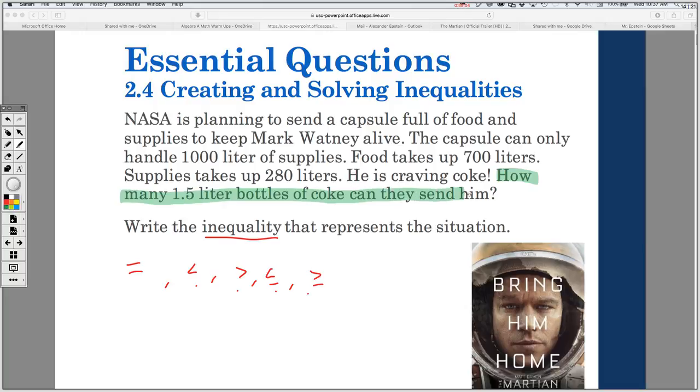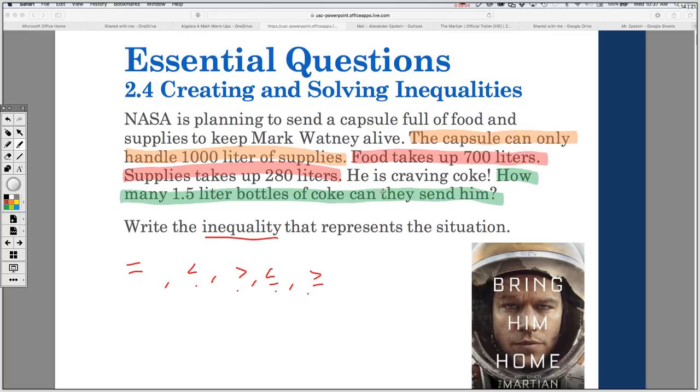Food takes up 700 liters. Okay, the food is 700 liters. Supplies takes up 280 liters. Okay. Craving Coke? Or no? It doesn't really add to the equation. It doesn't change anything for the numbers, right?